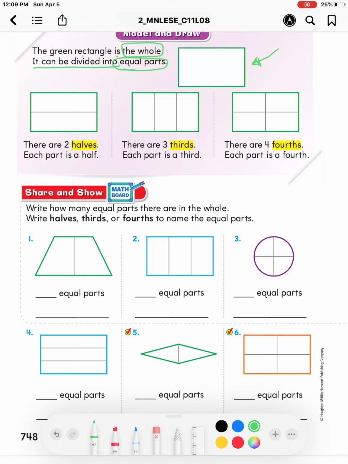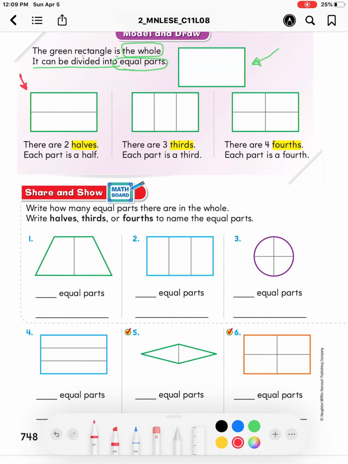Let's see together. Now in the first shape here we have a rectangle that is divided into how many parts? Two equal parts. As you can see, we have two equal parts, and each part is a half, right? So there are how many halves? Two halves, okay?